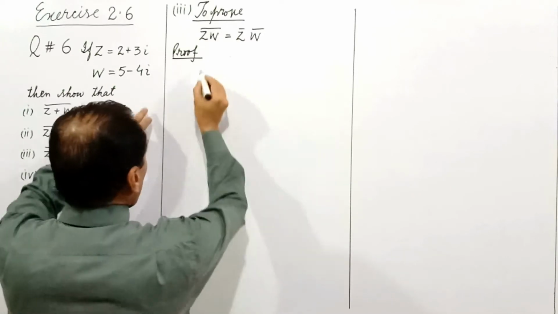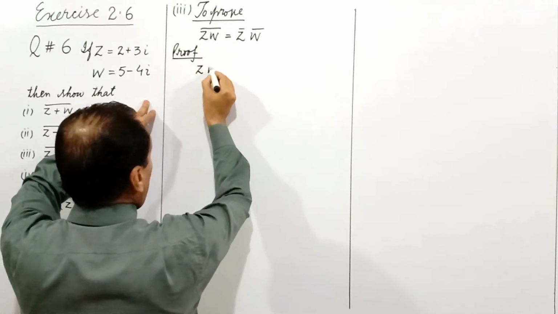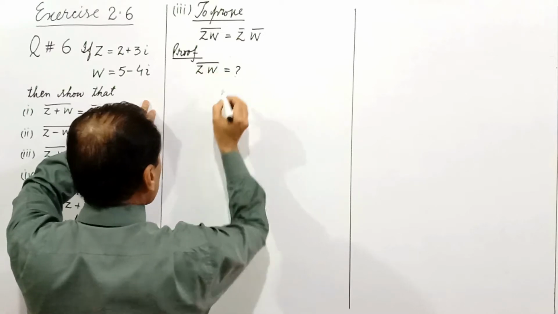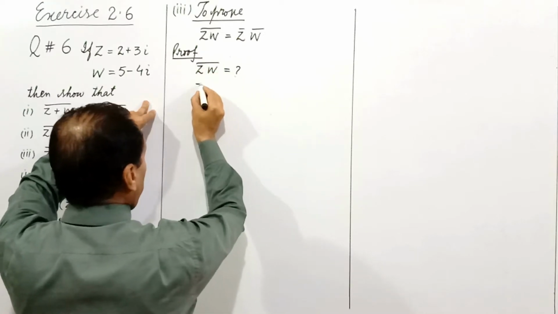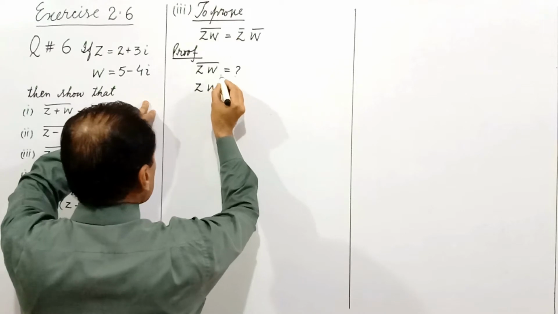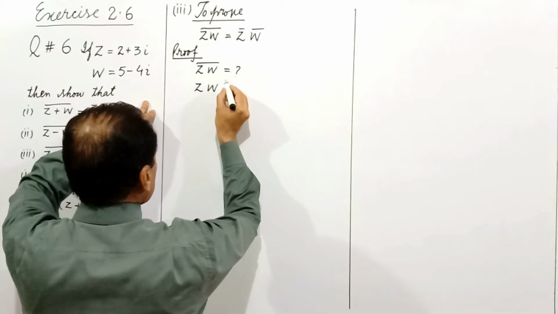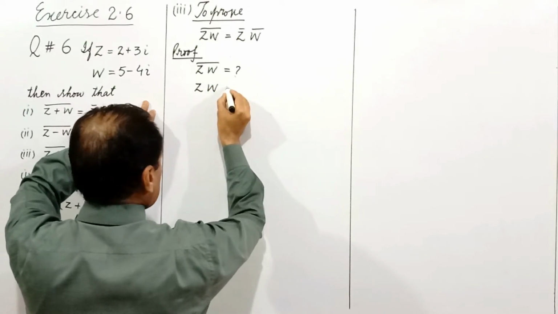In the proof, we take the left hand side first. Zw whole bar is equal to question mark. For this we need the product of z and w, the given complex numbers.